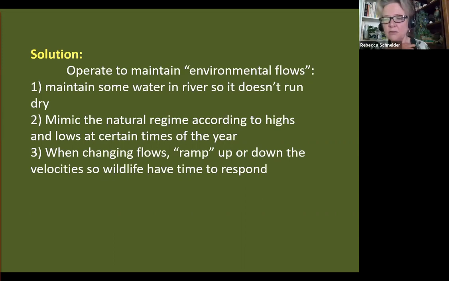Many states, organizations, and agencies say no, we need energy as the top priority. The river runs dry, too bad for the fish. You want to mimic the natural hydrologic regime, when highs and lows occur in each year. And when we change the flows, we want to ramp the velocities up or down so wildlife have a chance to respond.